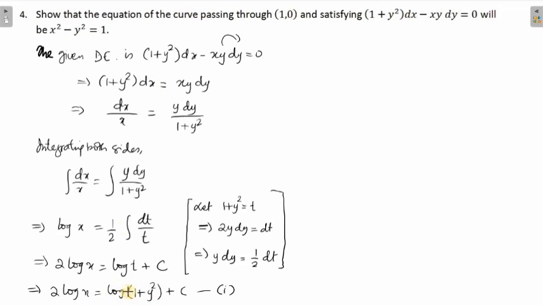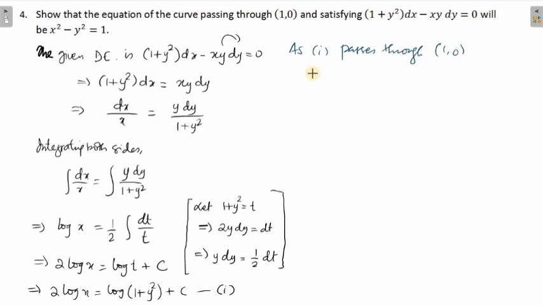But wait, you know that this curve, that is equation 1, passes through (1, 0). This is given in the question. Okay, so as it passes through (1, 0), in place of x you can write 1 and in place of y you can write 0.